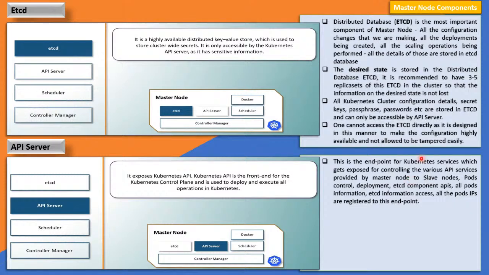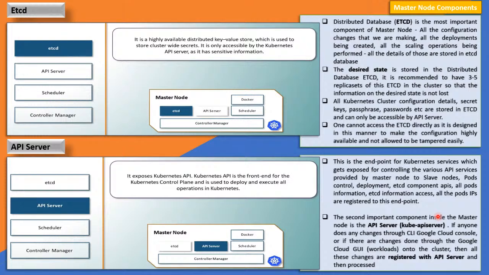So all the services provided come from the API server. You control the pods, the deployments, the etcd components, APIs, all pods information, etcd information access; all the pod IPs are registered to this endpoint. You can say everything.